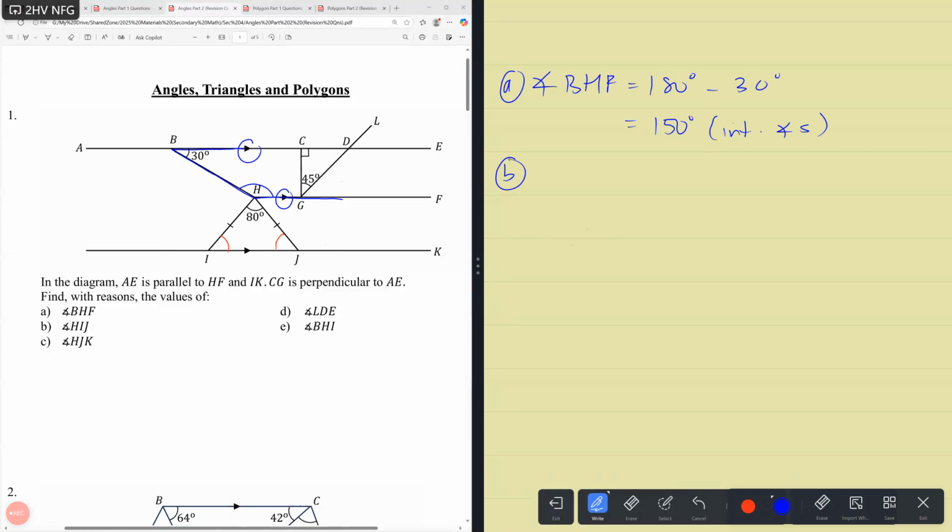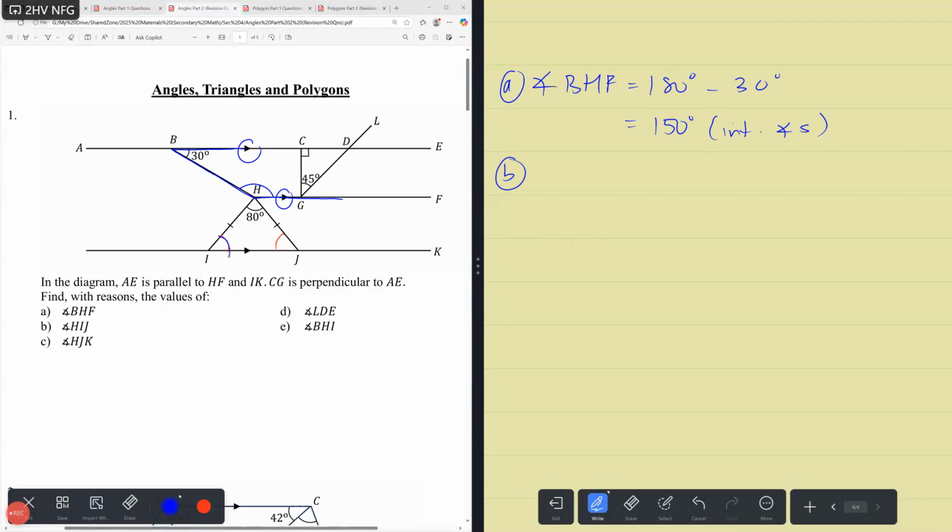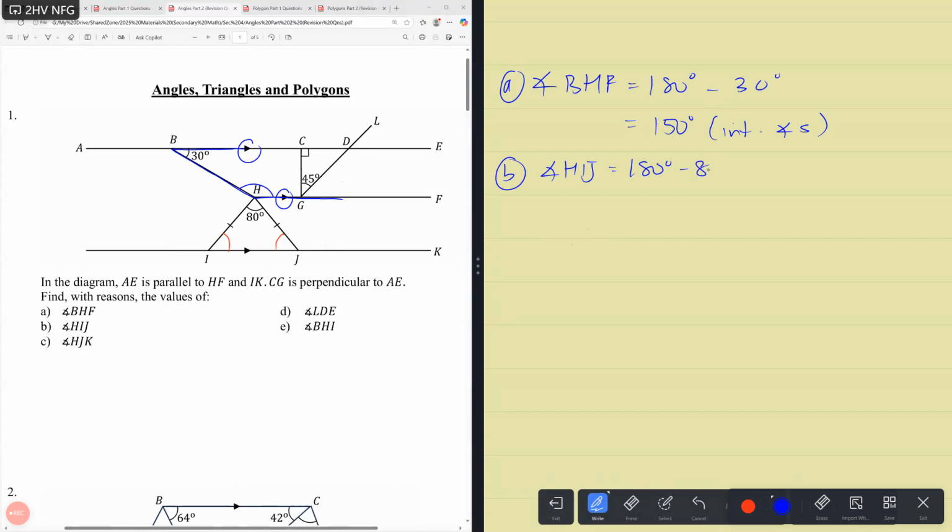Angle HIJ. HIJ refers to this angle that we've marked, this one over here. Because it's part of an isosceles triangle, to find the base angle, angle HIJ is simply 180 minus 80 degrees.